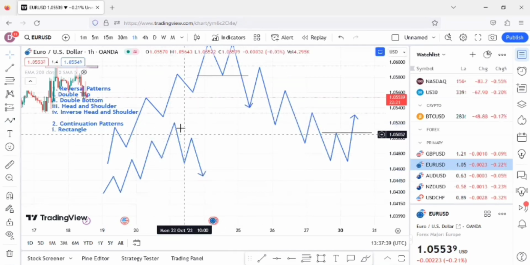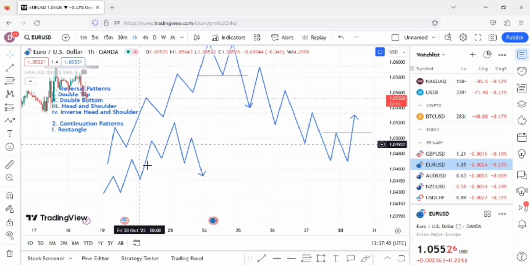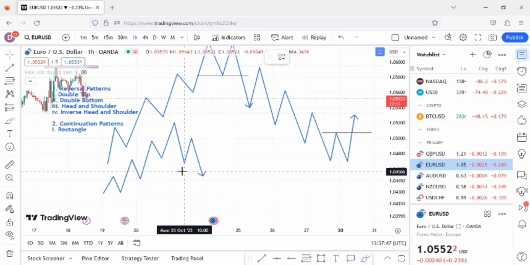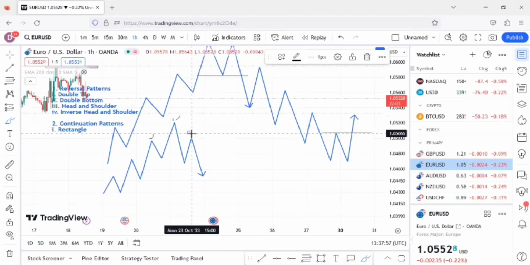If you look at this pattern here, at the top of this trend, it is a reversal pattern that is called head and shoulder. Here we have the left shoulder, we have the head, that's why it's called head and shoulder, and here we have the right shoulder.